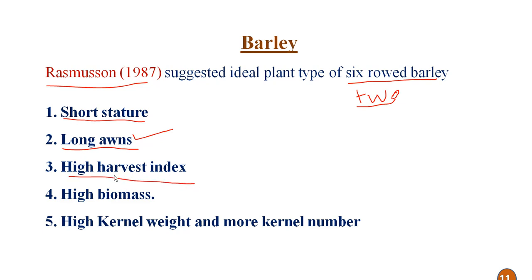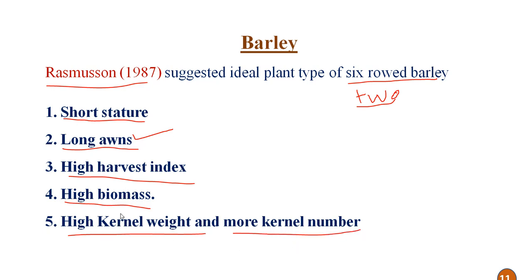Then high harvest index. As in case of rice, we have already seen that a harvest index of 55% or more is preferred. The same applies in barley, where the ideal plant type has a high harvest index, then high biomass, then high kernel weight and more kernel number.